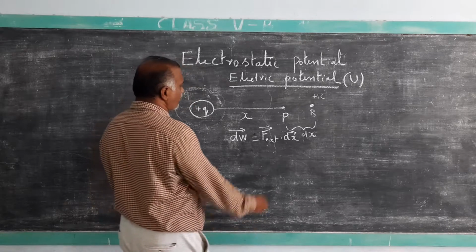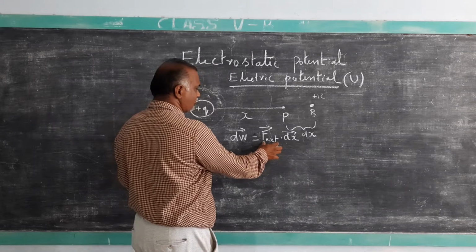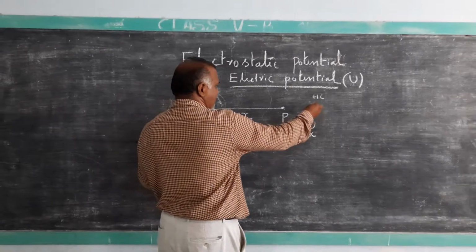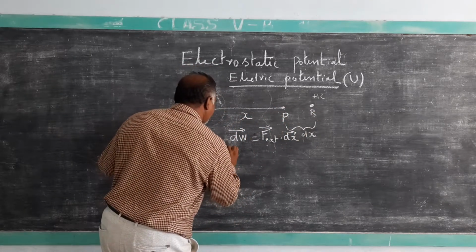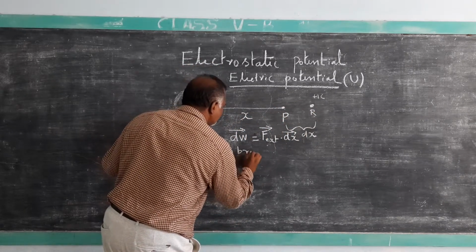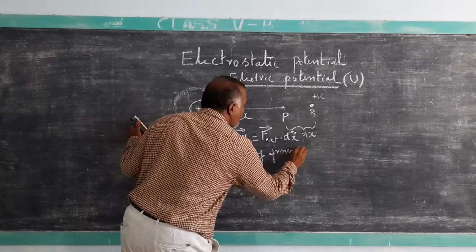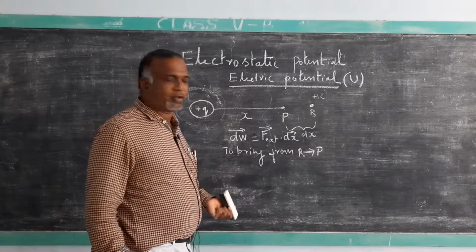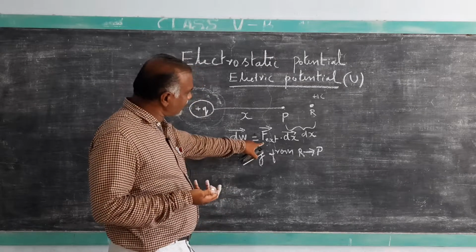But I don't know how much work I do with the external force to bring this charge from R to P. I don't know how much external work I have done, but I have done some work.